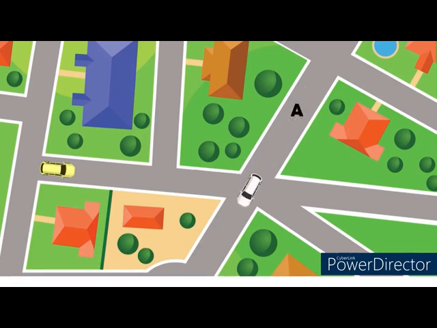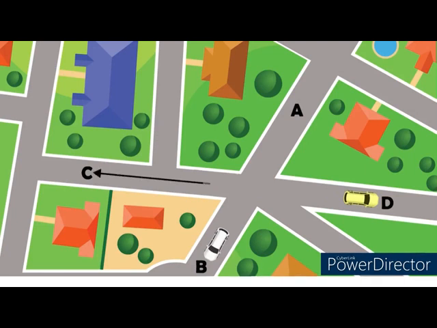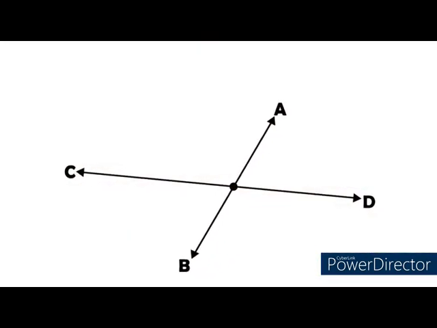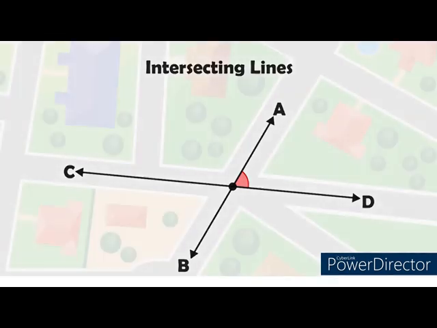Let us say the white car travels from A to B, while the next car travels from C to D. If you draw a line between C and D and A and B, at one point they intersect each other. So we take those lines AB and CD. When they intersect each other, they are called intersecting lines, and an angle forms between these intersecting lines.